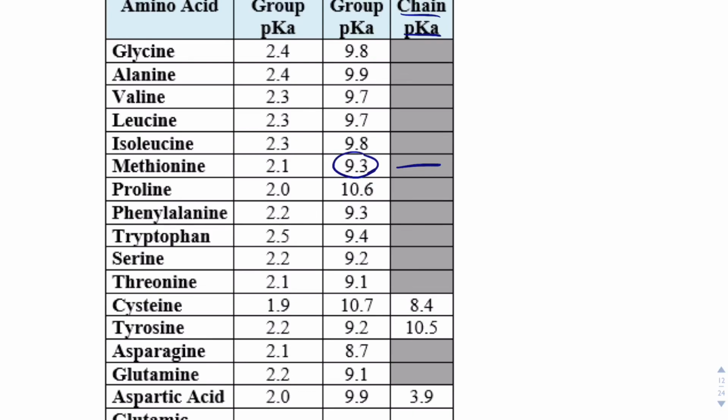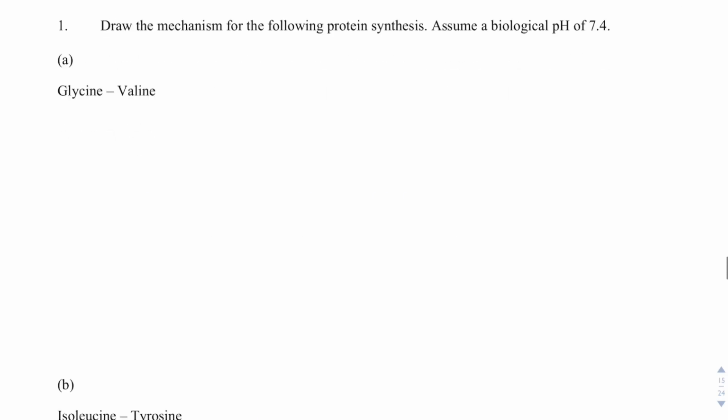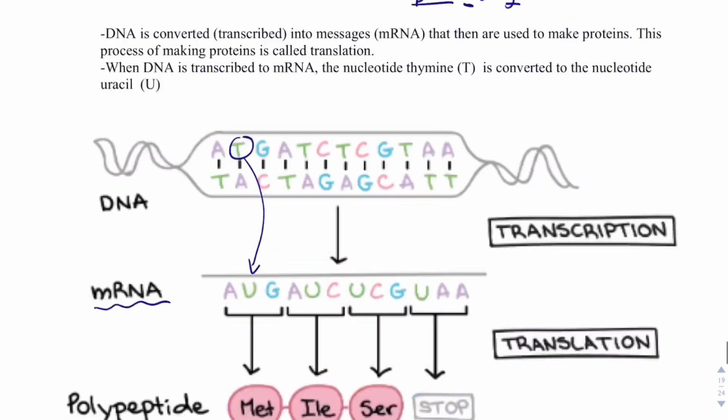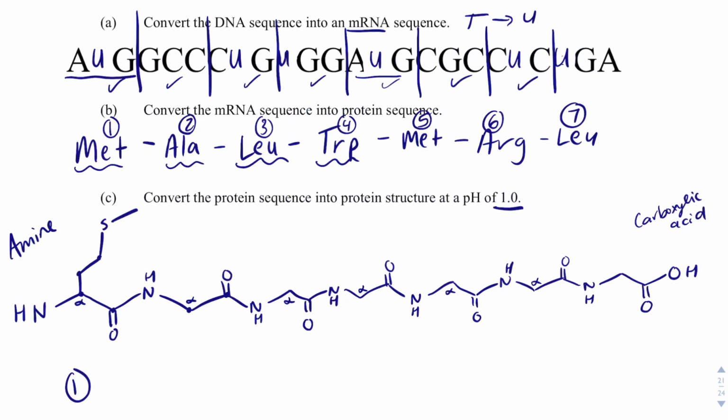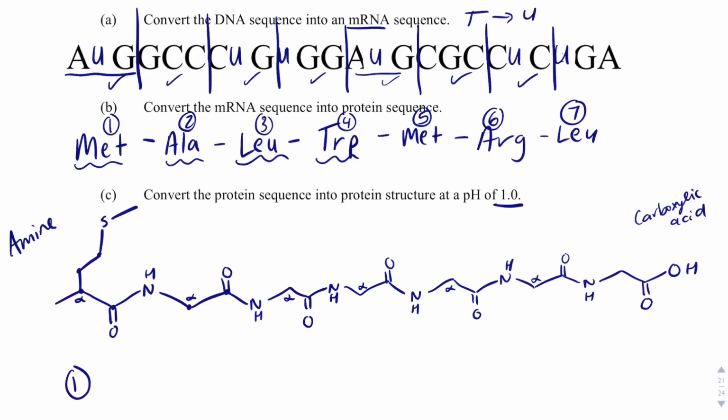But we do have the amino group, and so what that means is this is going to be an NH3 group. This pKa is 9.3. Okay? And what that means is at pHs above 9.3, this turns into NH2. We are not above 9.3, so that H stays put.